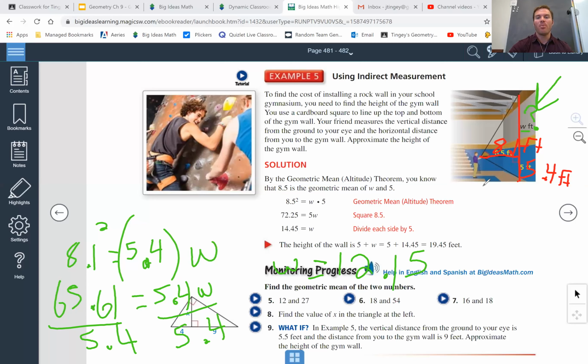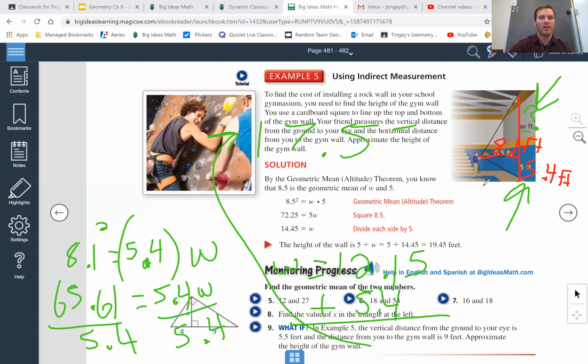So 12.15 plus the 5.4. And your answer comes out, I'm going to write it up here, 17.55 feet. You got to have feet. If you don't do feet, it's wrong.